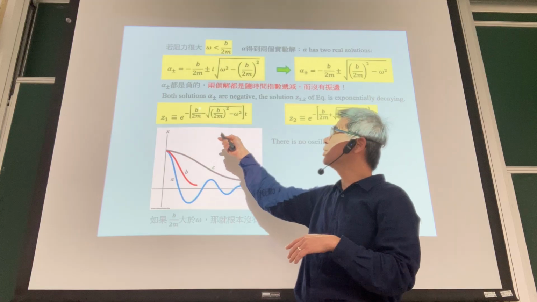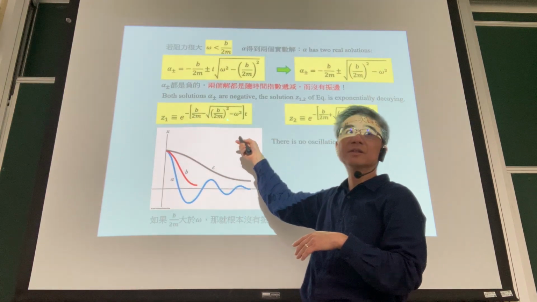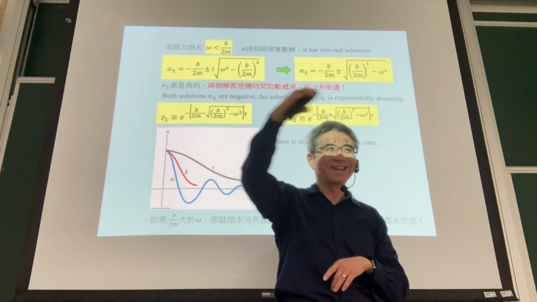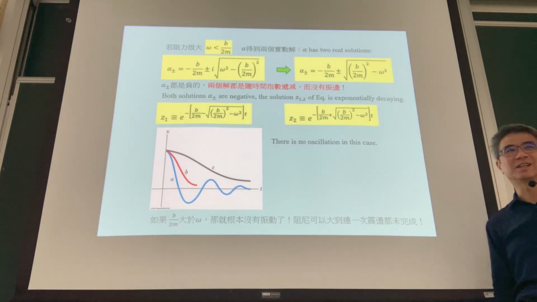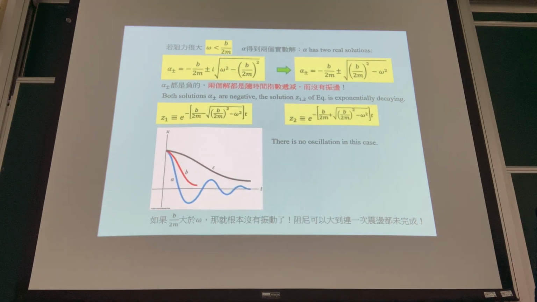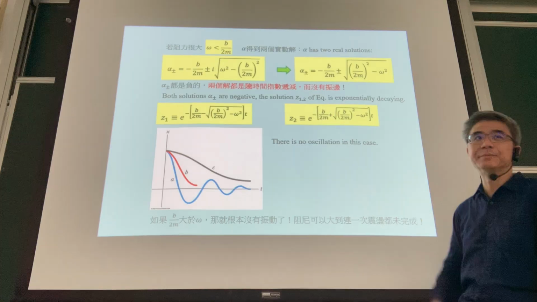If this is smaller than b over 2m, then inside the parenthesis it's positive. So again, exponential decline. So both solutions are declining, exponentially declining functions. That's it. Both of them are decay functions, just like what I wrote down here.